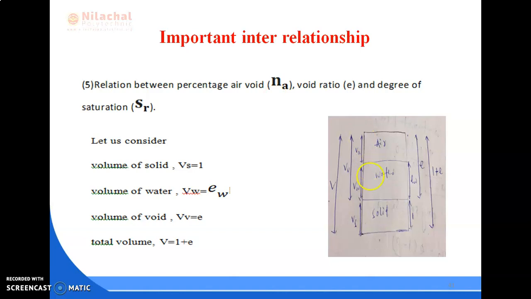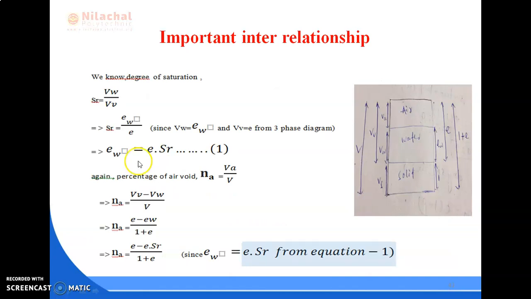Here also we consider the volume of solid equal to 1, volume of water equal to Ew, volume of voids Vv equal to E, total volume equal to 1 plus E. Again we know the degree of saturation SR equal to Vw by Vv, which implies SR equal to Ew by E. We had done this up to this equation in the previous derivation.